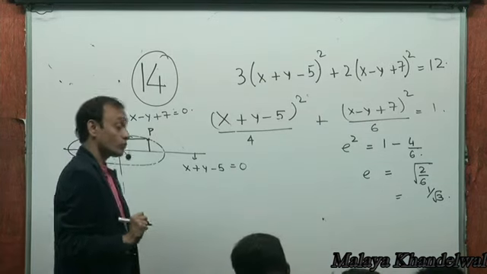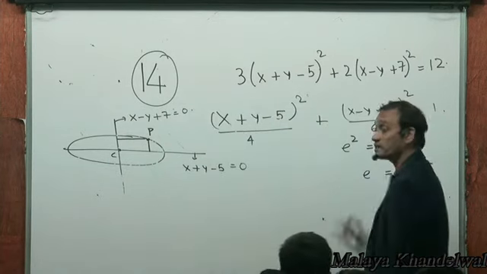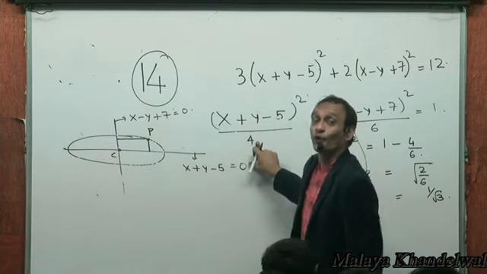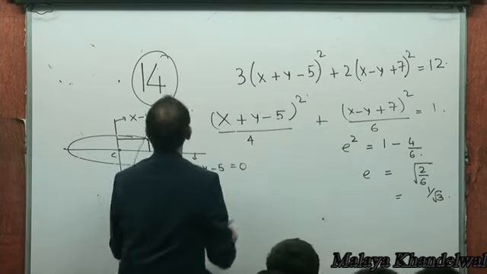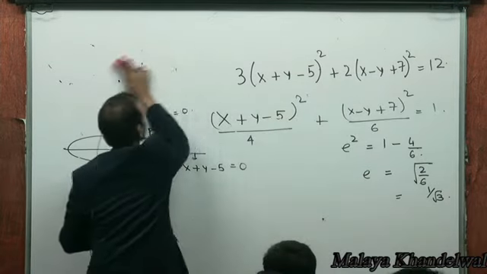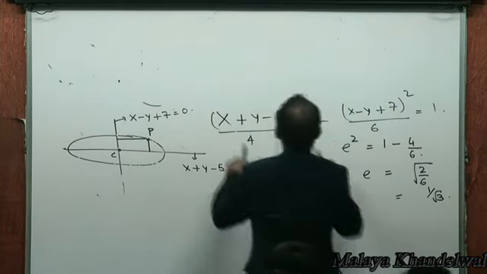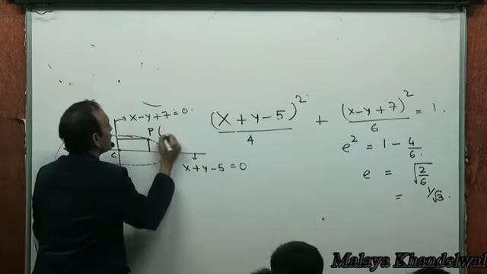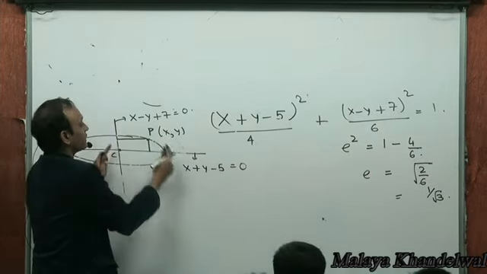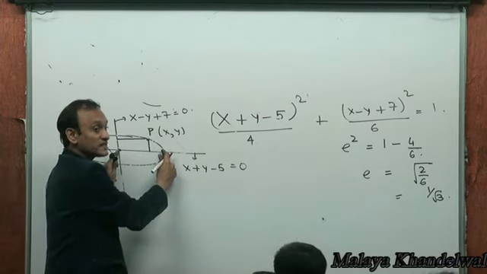Now, do you really think a² is 6 and b² is 4? No, no. We will have to normalize this, in the sense that I would have to write this in terms of the distance of any (x, y) from this line squared divided by the square of the semi-axis, equal to 1.